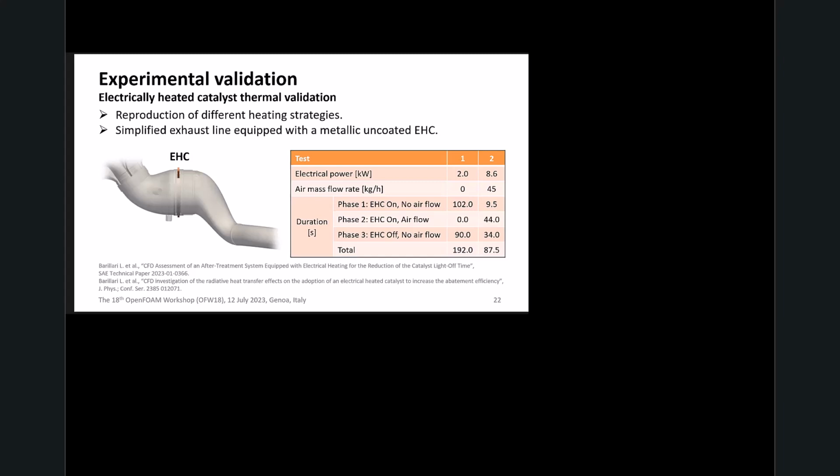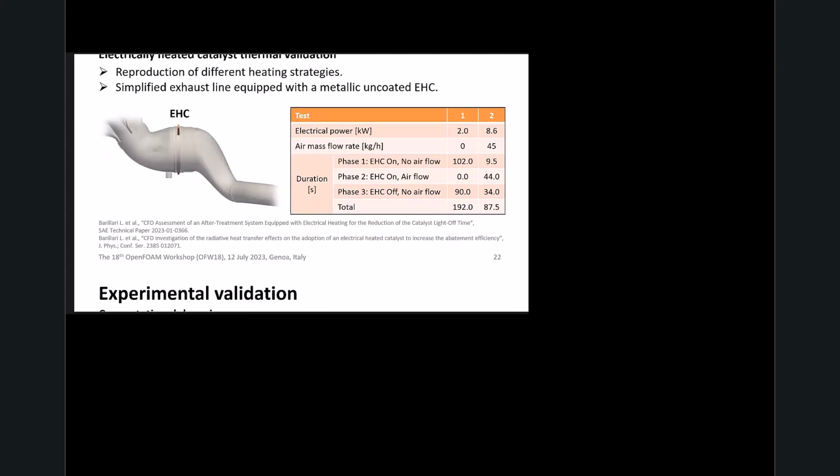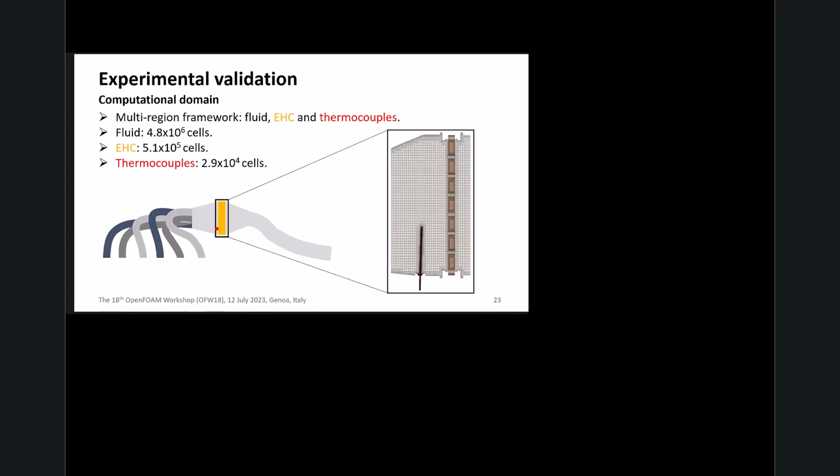The first test was with no airflow. Instead, in the second test there is also a phase in which there is an airflow. In this slide, there is also the presentation of the overall computational domain, and there is a zoom on the region of the electrical catalyst.